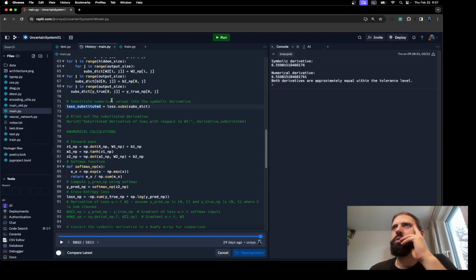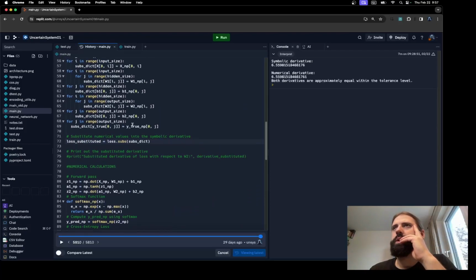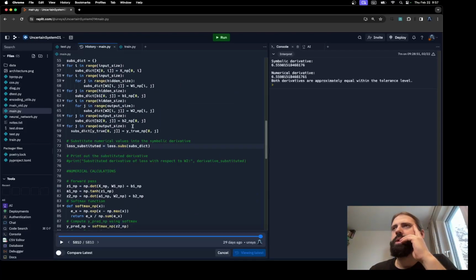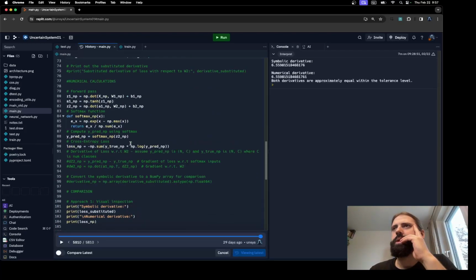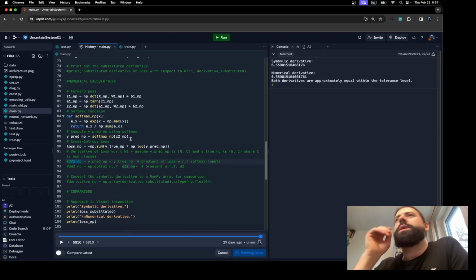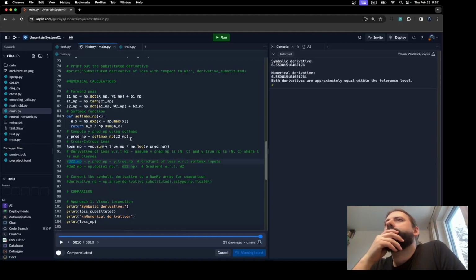Loss substituted, so originally the Z2, that's what we want to do first, right? Because essentially, why do we need to chain it back?